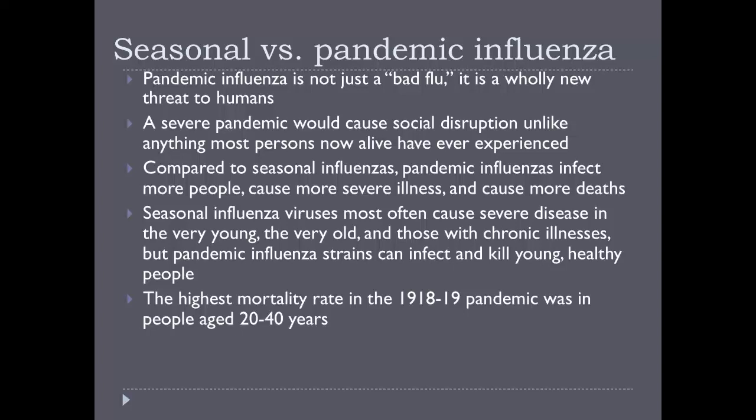Compared to seasonal flus, pandemics infect more people, cause more severe illness, and cause a lot more death. Seasonal flu does cause the most severe disease in the very young and very old. But what's interesting is the pandemics typically hit the more healthy people, the people that are 20 to 40. The pandemic flu of 1918, 1919, I'll get into that a little bit, was one of those examples.